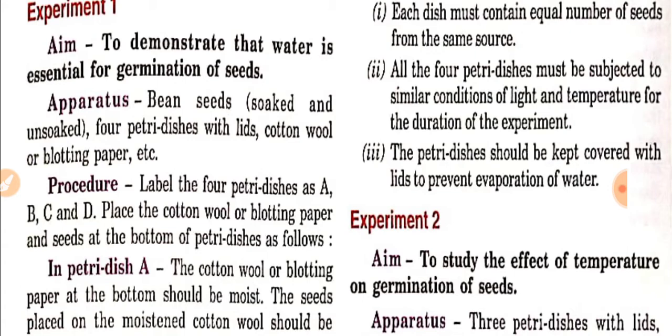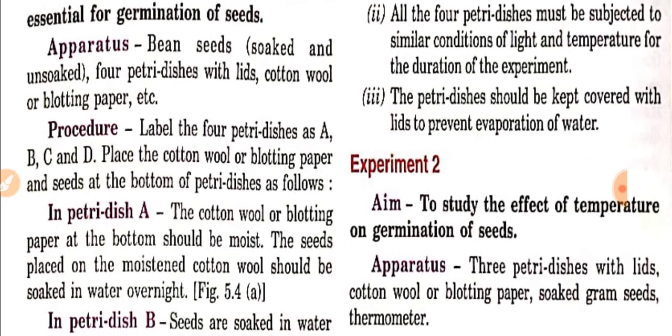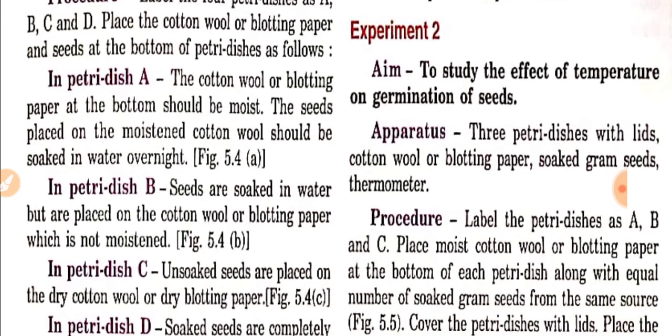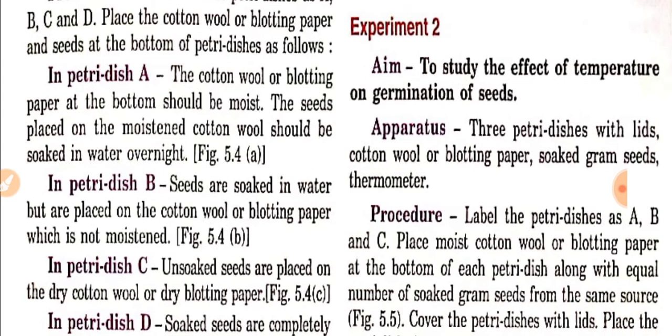You can do this activity with gram seeds also, as you already did in your previous classes. Label the four petri dishes as A, B, C, and D. Place the cotton wool or blotting paper and seeds at the bottom of the petri dish as follows. In petri dish A, the cotton wool or blotting paper at the bottom should be moist.